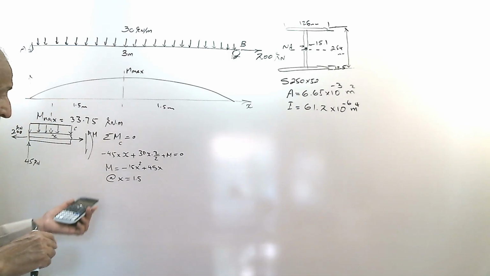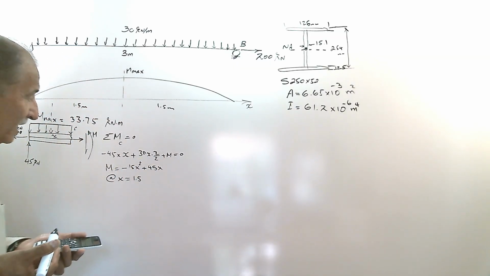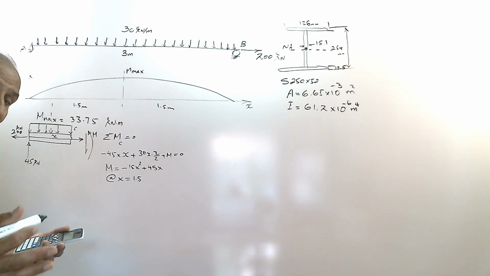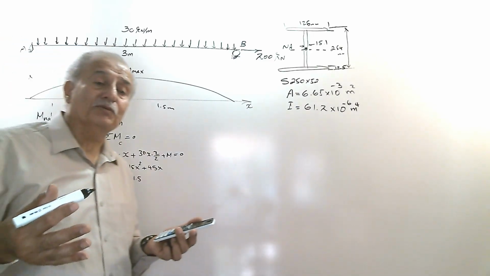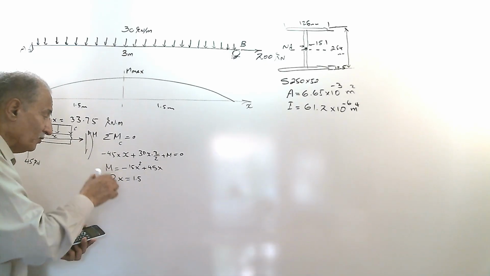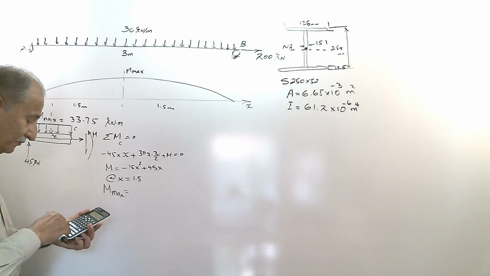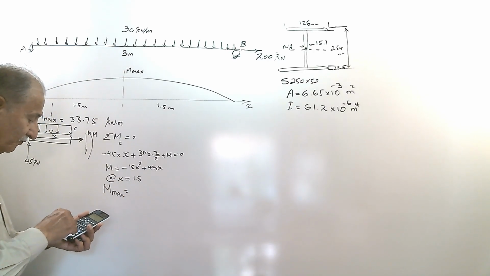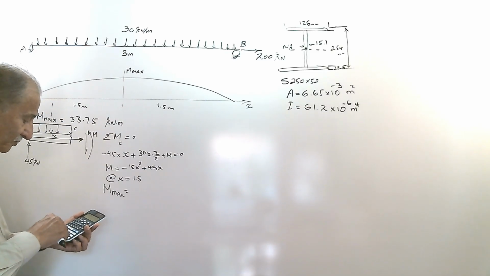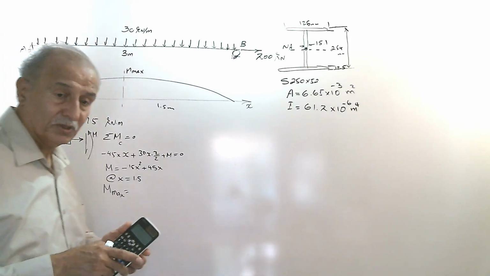Or if you want to find the maximum, you have to take the derivative with respect to x, and it's minus 30x plus 45 equal to 0, and x equal to 1.5 is the maximum bending moment that can happen. Okay? Then the value of M, which is called M max, is equal to minus 15 times 1.5 squared plus 45 times 1.5, which is 33.75 that we wrote already there.